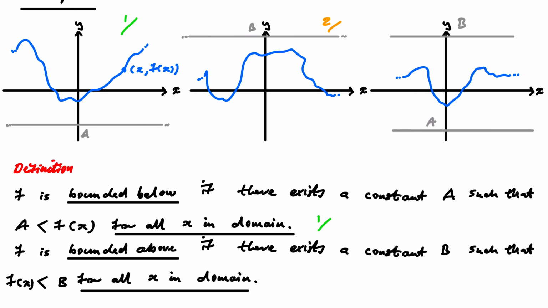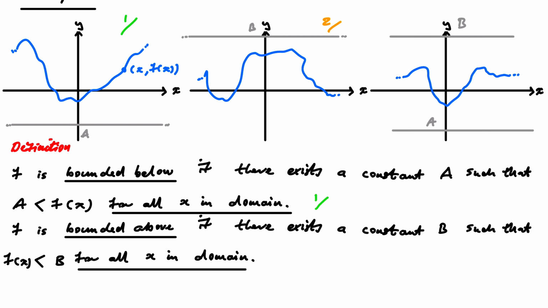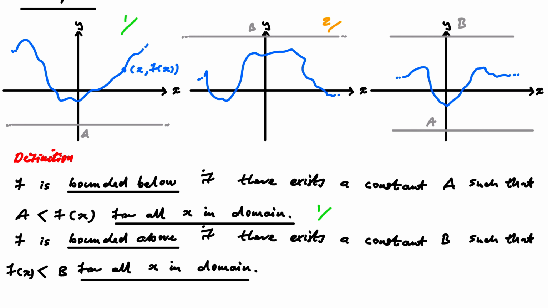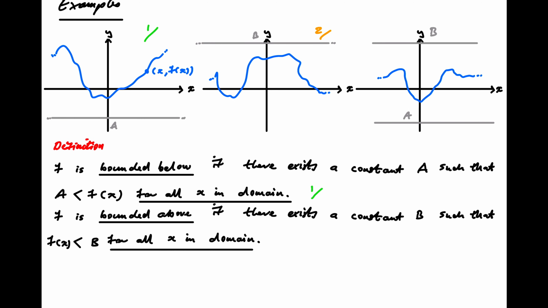And finally, the third one. Can I actually move all this up so I've got enough room to fit it on one slide? Not quite. I'll just zoom out a little bit. So the third one, this guy bounded above and below simultaneously.